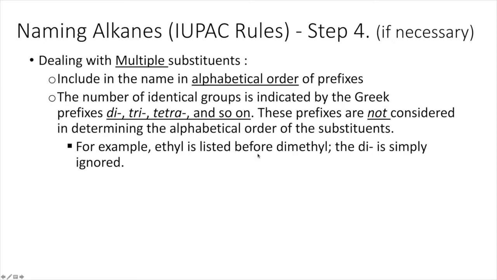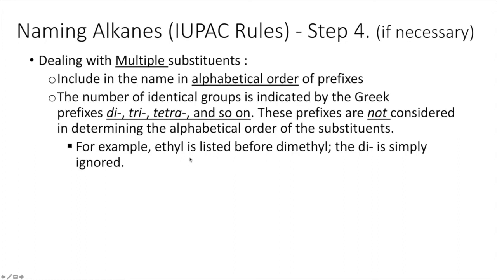And the other important thing to remember is that those prefixes are not what determine how the name gets alphabetized. Because remember up here, we said that if there are multiple substituents, we put them in alphabetical order in the overall name for the compound. But it's the actual substituent's name that determines the alphabetical order, not the numeric prefix that might be tacked on in front.